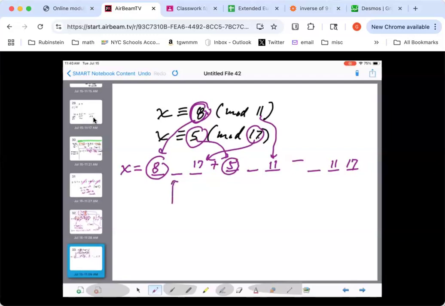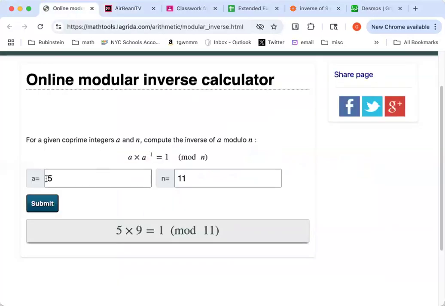Now in this spot, you're going to do the inverse of 17 mod 11. And that's not going to be on our chart. So we're going to instead come over here and say 17, 11. And we get 2.